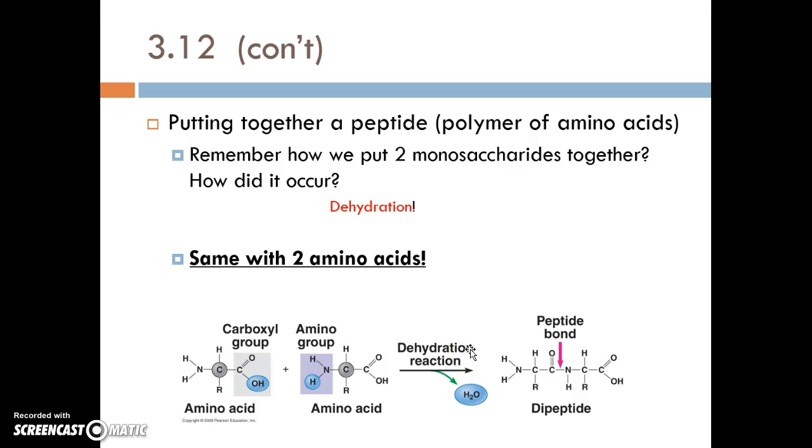As we're putting these amino acids together, for instance, over here we have an OH and an H. We take those out with a dehydration reaction. Hydrogen and OH, we basically made water, so we removed it. Now amino acid 1 and amino acid 2 have come together to become 2 amino acids, and the bond that holds them together is called a peptide bond. That peptide bond is specific to proteins.